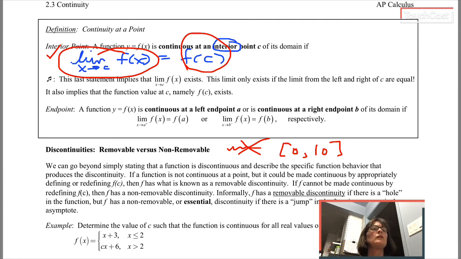So at a left endpoint a, you just have to consider the limit as you approach a from the right, and that's going to have to be equal to the actual value f of a. So don't worry about that too much. It should make sense given what we talked about with definitions for one-sided limits from 2.1.